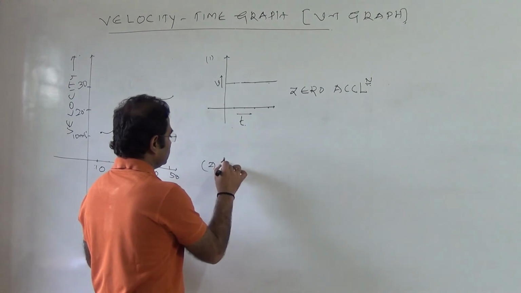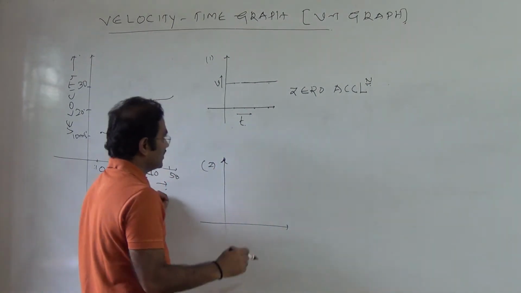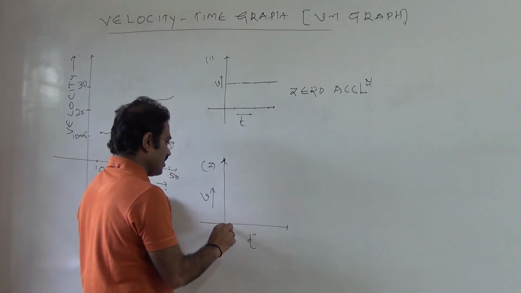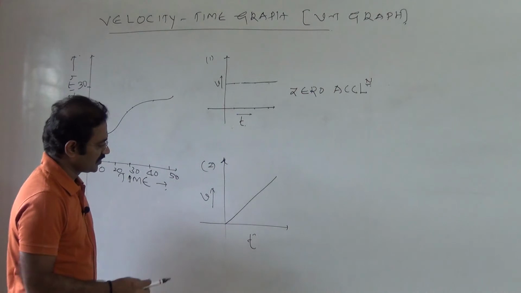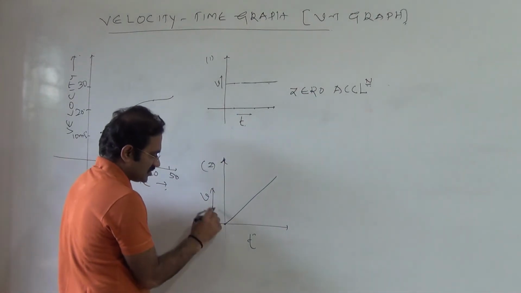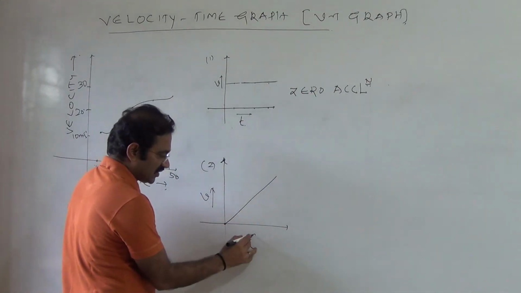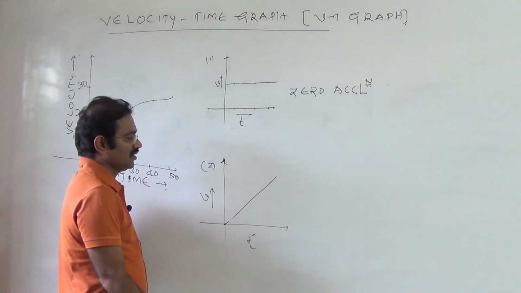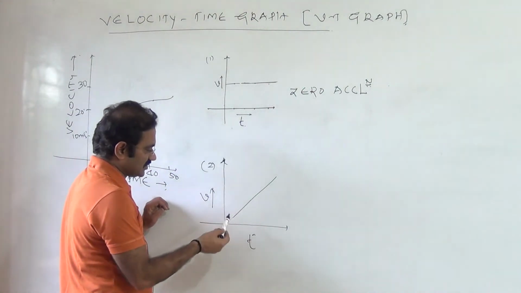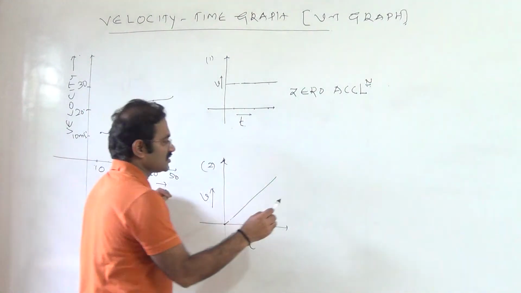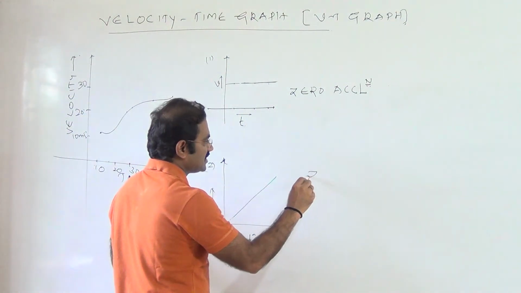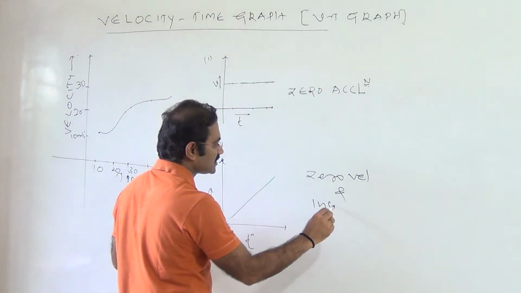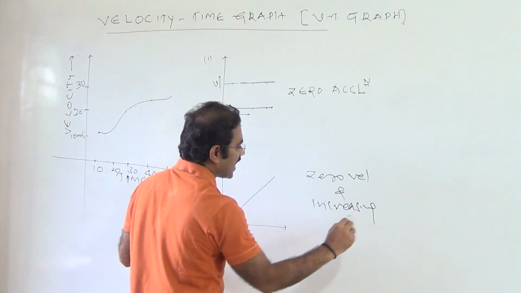Take the second one. If I plot a graph like this, velocity versus the time, if the curve is like this, when the time is 0, the velocity is 0. With respect to time, the velocity is increasing. So what is the nature of this? Here we can say it has a zero velocity, and this is increasing acceleration.